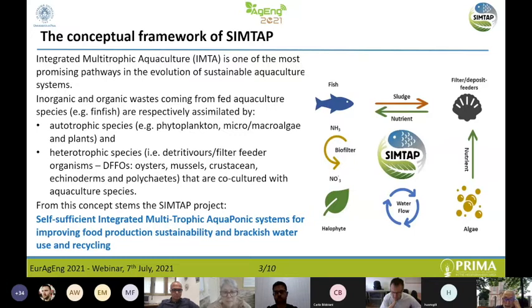The SIMTAP system consists of different cultivation units for primary producers, algae, crop plants, halophytic species or halo-tolerant glycophytes, breeding units for DFFOs, fish tanks, along with a biofilter. All these units are interconnected in a closed system, that is, with recirculating seawater.